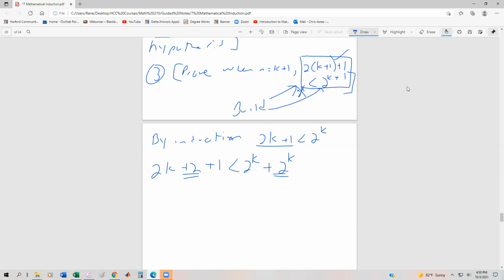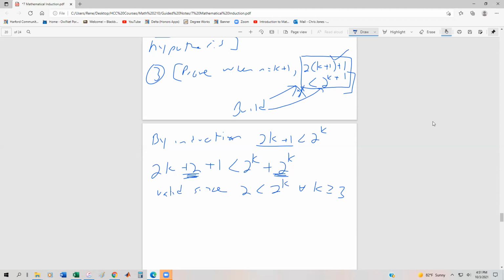Now, what's the justification for this? This is valid since 2 is less than 2 to the k. Notice all I did was add 2 to the left-hand side and 2 to the k to the right-hand side for all k greater than or equal to 3. I don't think anybody doubts that.